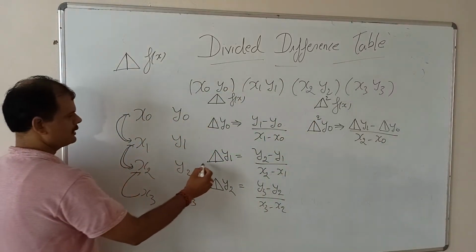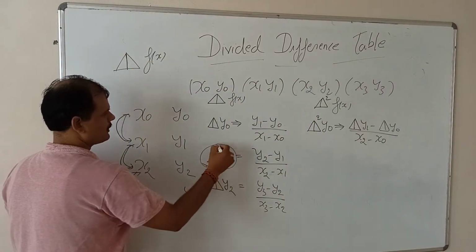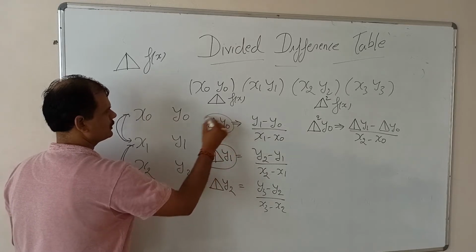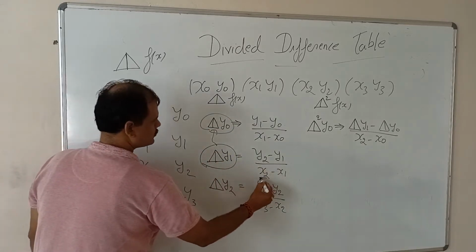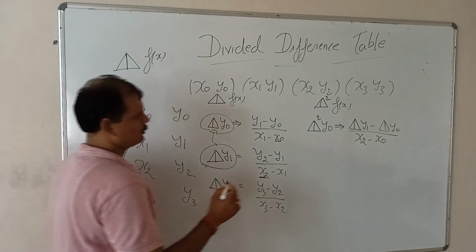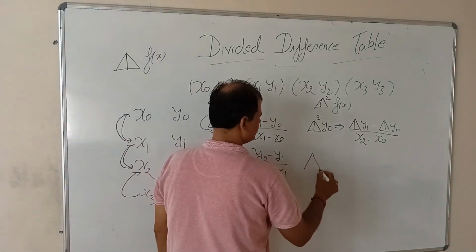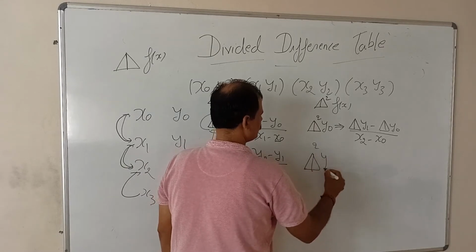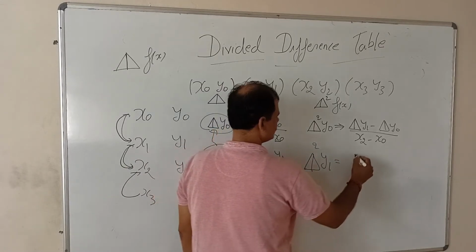So here we have del y1 minus del y0 over x2 minus x0.